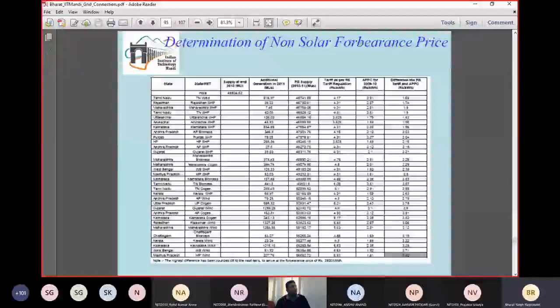This may provide additional benefits to renewable energy sources to earn more profit, and also provides an opportunity to the states to meet RPO requirements by buying these renewable energy certificates. So with this, I would like to stop here. If there are any queries, questions or comments, I would be happy to discuss.